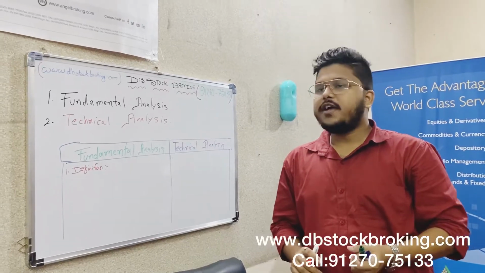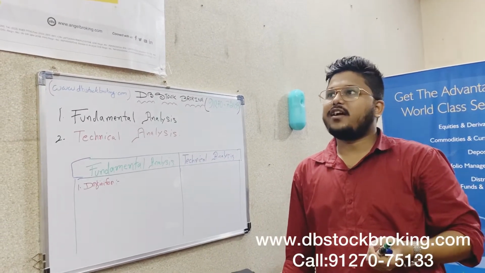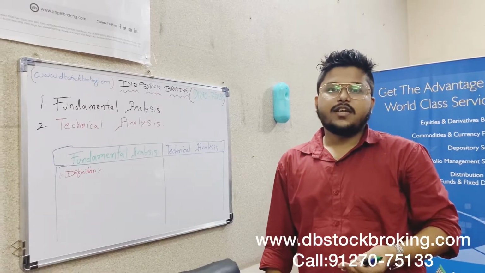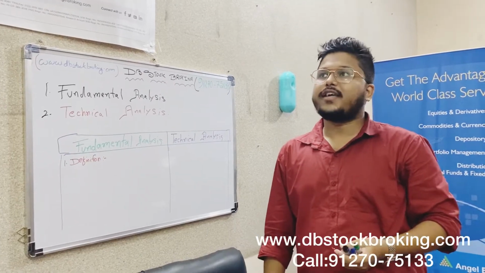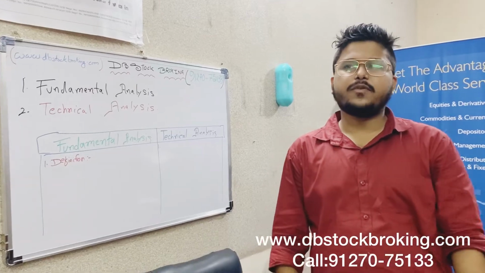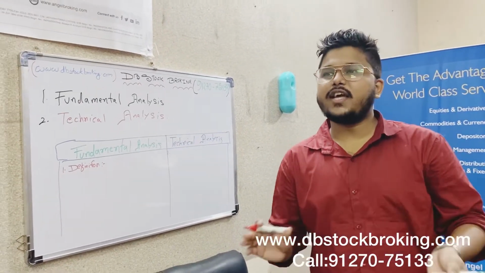For example, if you want a return like 1,000%, 500%, or 10,000%, in our stock market we use the word multi-bagger stocks. You might have heard some people ask what a multi-bagger stock is. You can take Titan as an example.